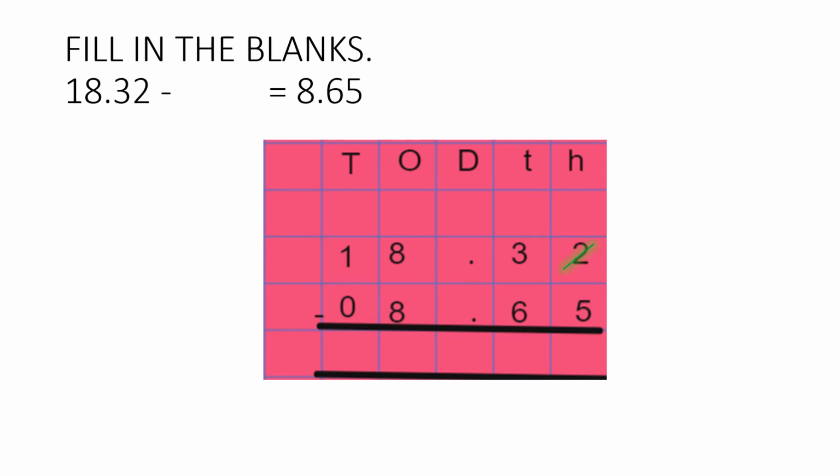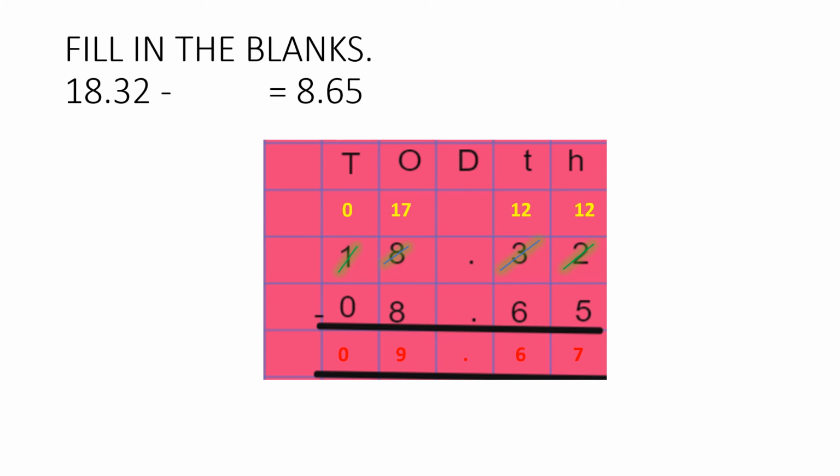Let us see how to borrow the numbers. When this 2 borrows from 3 tenth, this 2 is converted into 12. Then 12 minus 5 equals 7. And this 3 is converted into 2. And when this 2 tenth borrows from 8 ones, this will become 12. 12 minus 6 equals 6.